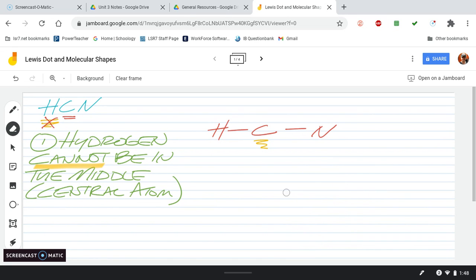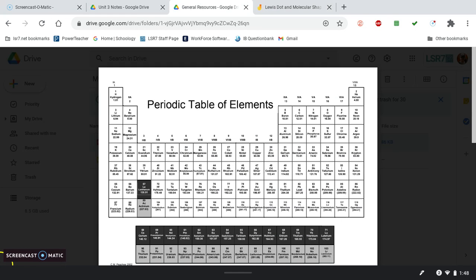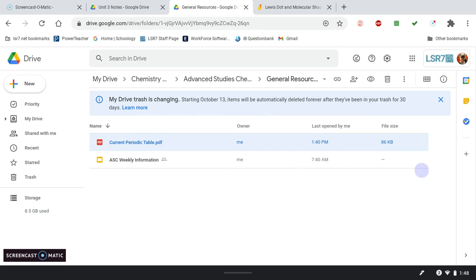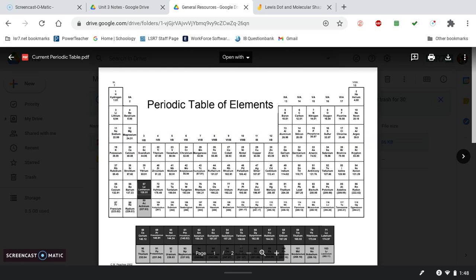After you do this, we are going to fill them up with electrons. So we need to go back to our periodic table, and we need to understand that all of these elements want to be like the noble gases. Noble gases are over here on the right side.